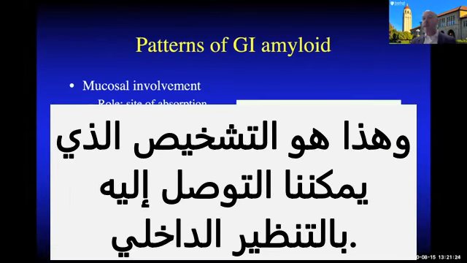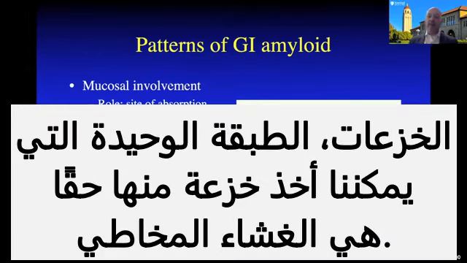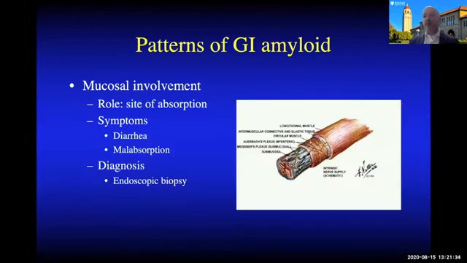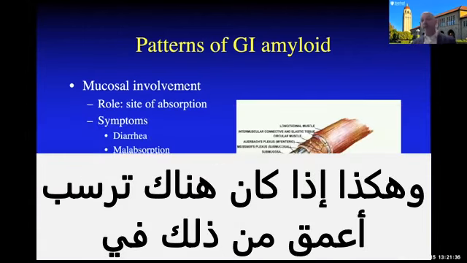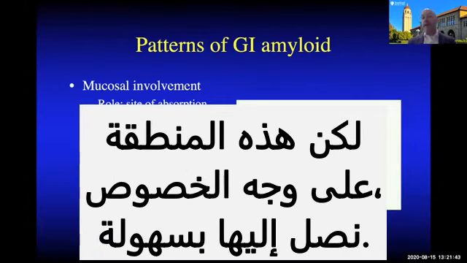And this is a diagnosis that we can make with endoscopy. Typically when we're going in and doing endoscopy and taking biopsies, the only layer that we can really biopsy is from the mucosa. And so if there is deposition that's deeper to that in the gut, we may not pick it up with the endoscopy itself. But this area in particular, we get very readily.